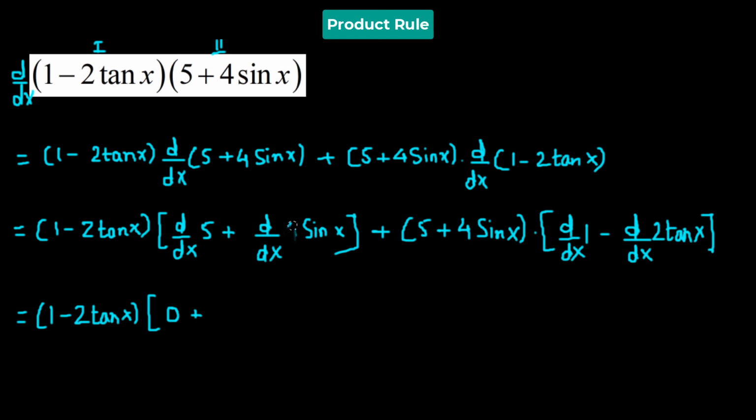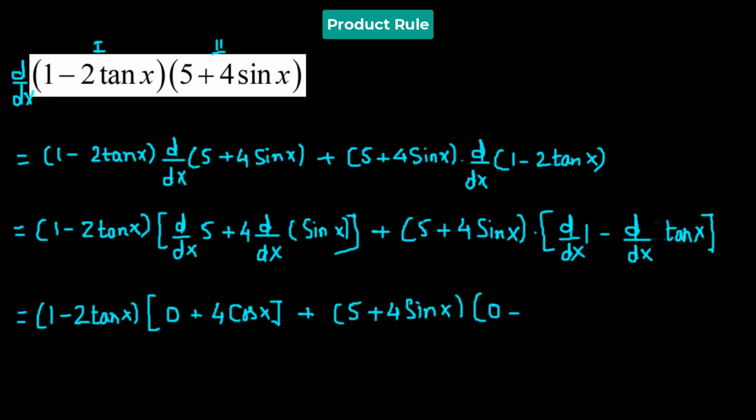So here we can pull the 4, which is a constant, from inside of the derivative to the outside. So that means we have 4 times the derivative of sine x, and that is cosine of x, plus 5 plus 4 sine x multiplied to the derivative of 1, which is a constant, is going to give us 0, minus, similarly we can pull the 2 from inside of the derivative to the outside.